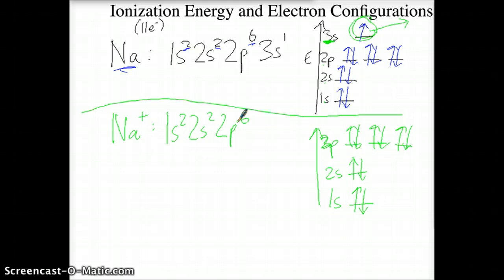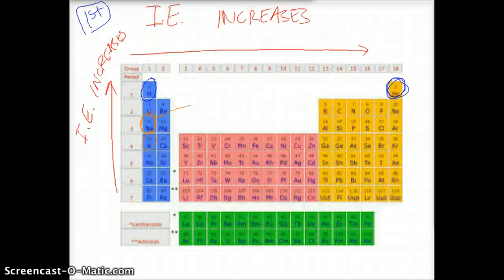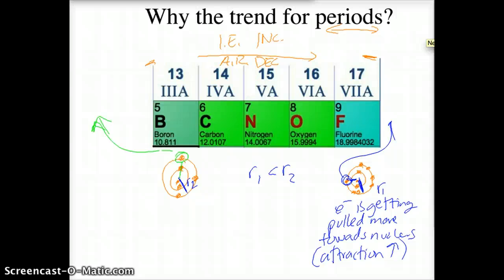What we want to be able to know how to do is explain first the definition for ionization energy, understand that there can be second ionization energies and third, depending on how many electrons we're removing. We know the trend that as you move up a group and to the right on a period, the ionization energy increases, the first ionization energy.